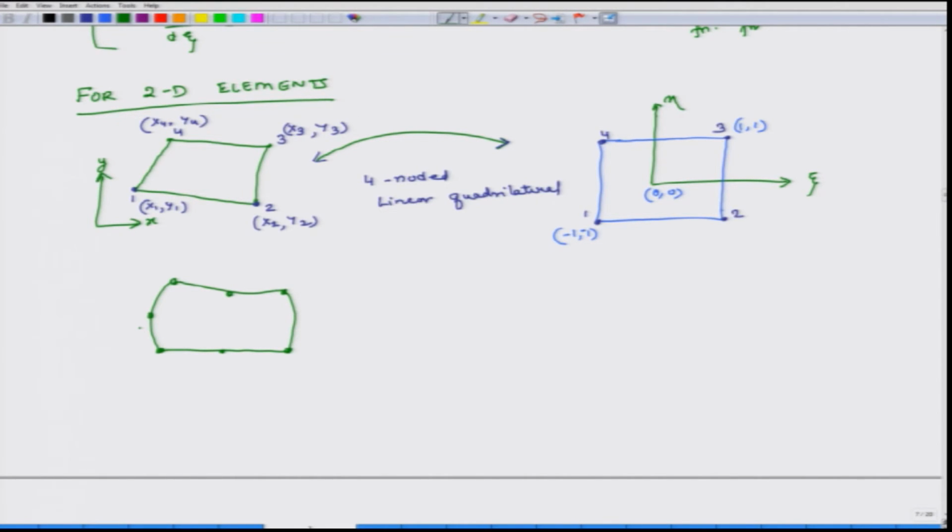Something like this. So, here 1, 2, 3, 4, 5, oh I missed one node here, 6, 7, 8, okay.